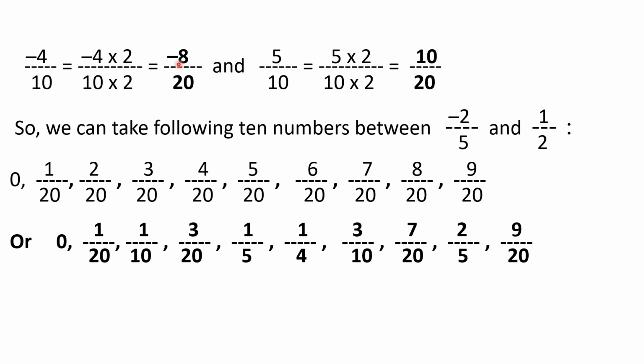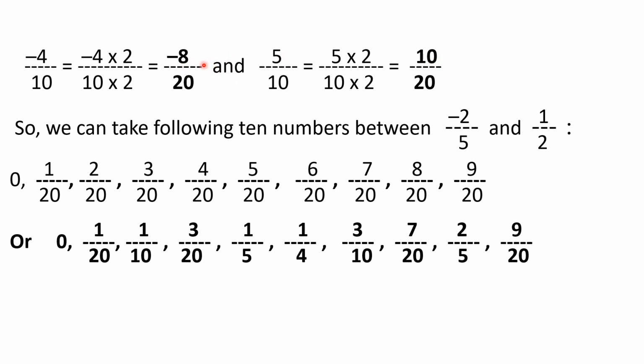Now I have to find 10 numbers between these two numbers. That means all those 10 numbers must be greater than -8 by 20. That means they will lie to the right of this number. And all those 10 numbers must be smaller than 10 by 20. That means they will lie to the left of this number. So I can start from here.